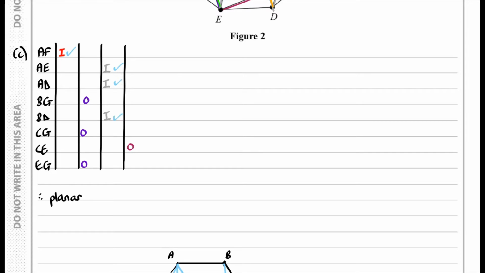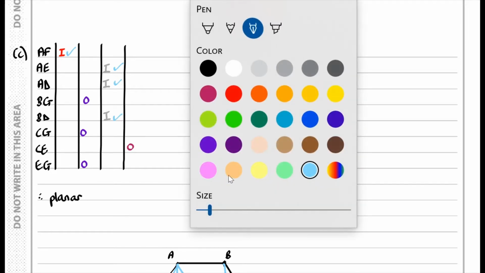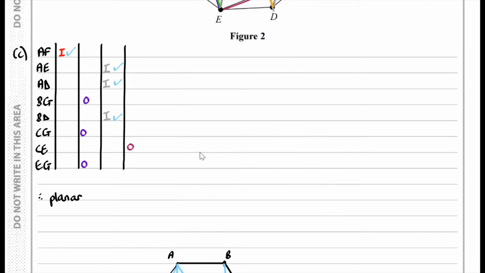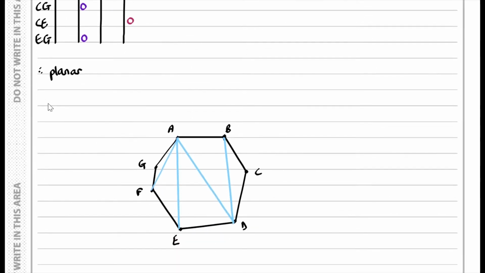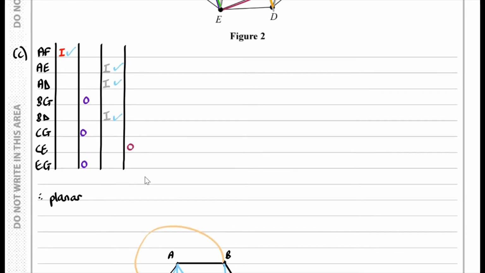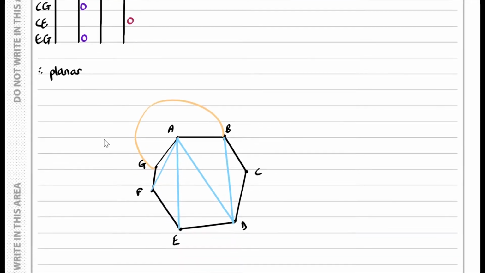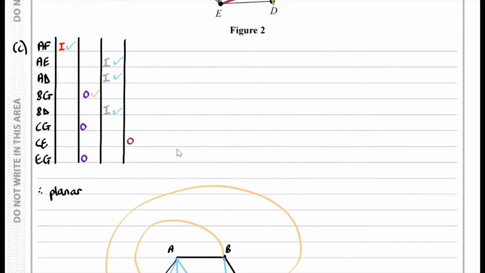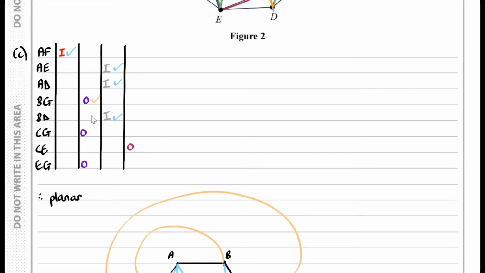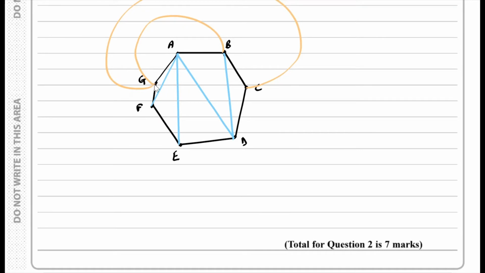And everything outside we'll do in a different colour, like this colour. So outside we have BG, so let's join those together. Then we have CG, so it's joining C to G, that's over there, and that's that done. And then we have EG, so starting at E finishing at G, that's over here.